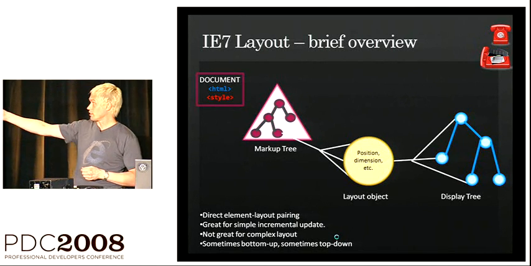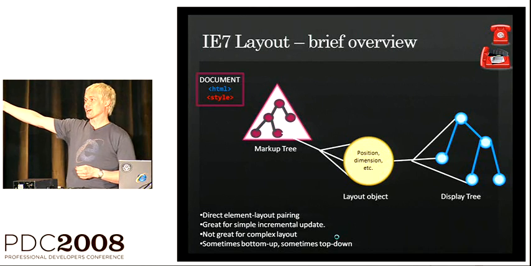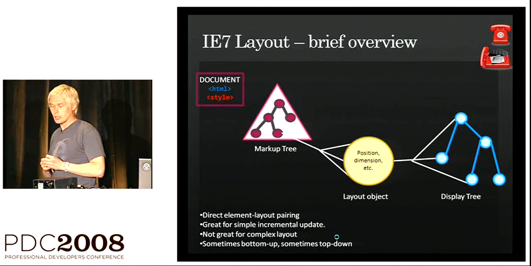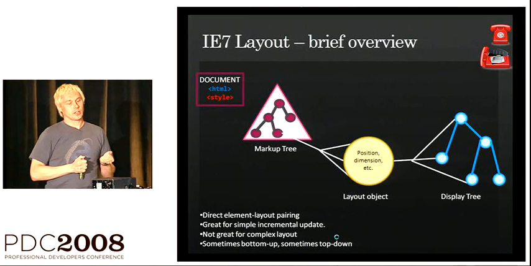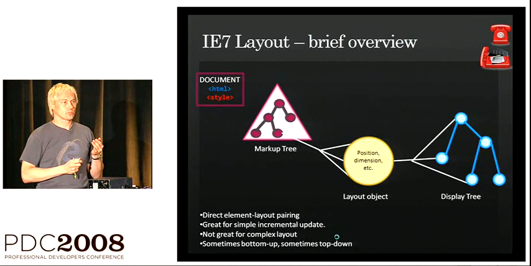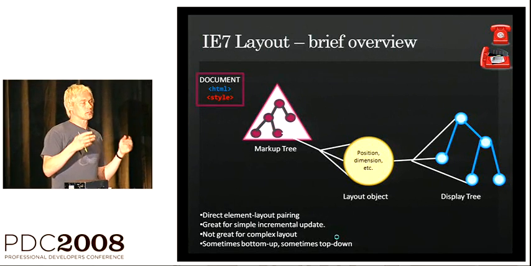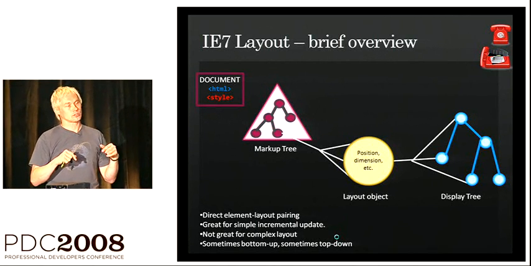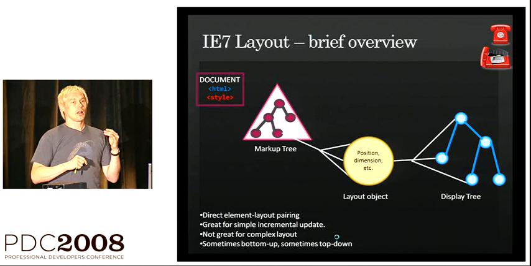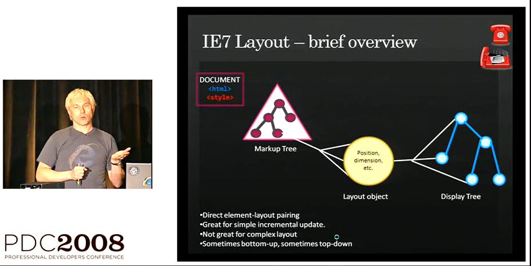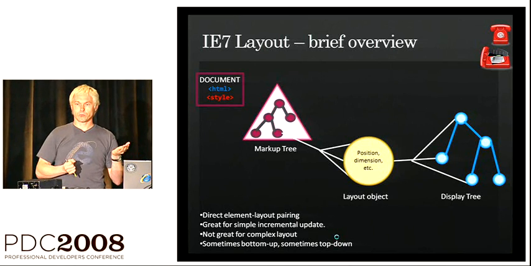So here it is. This yellow circle is the hasLayout. The concept of layout as an object that does everything layout related to an element was the core concept of building this top-to-bottom, bottom-to-top layout system.